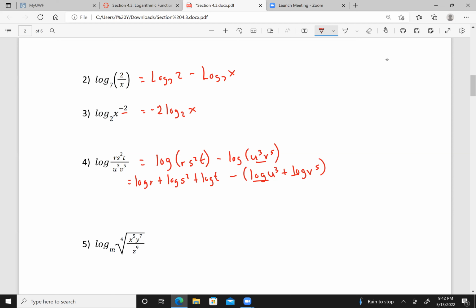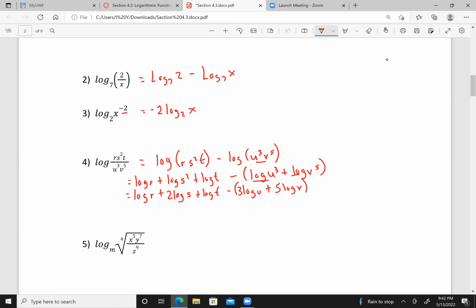So here, this will stay log r. We can bring down the 2. We have 2 times the log of s plus the log of t minus 3 times the log of u plus 5 times the log of v.